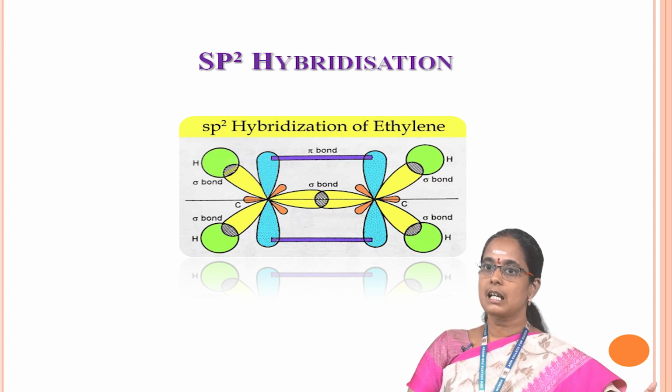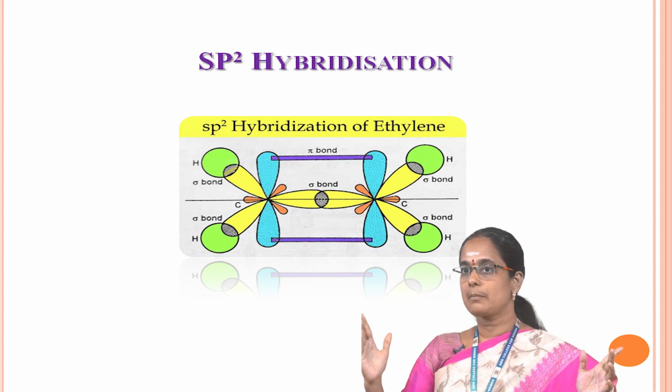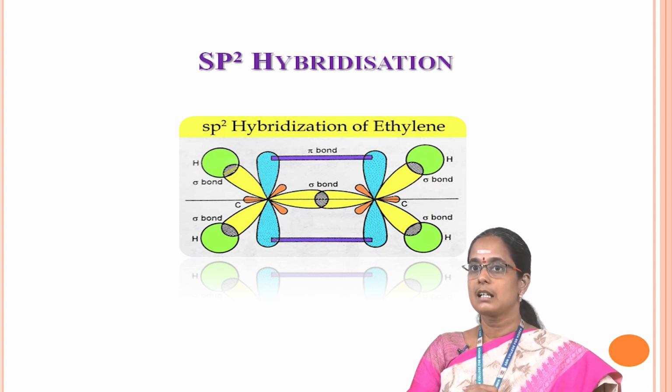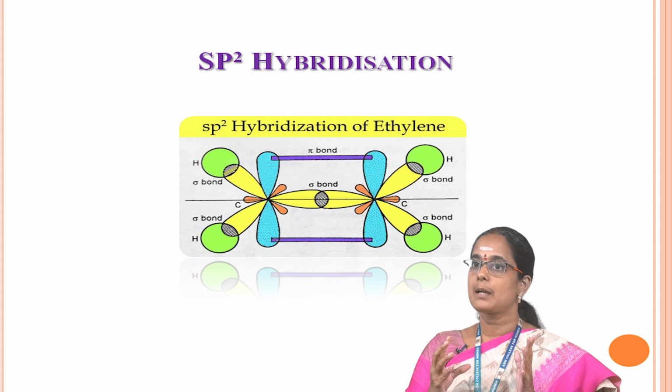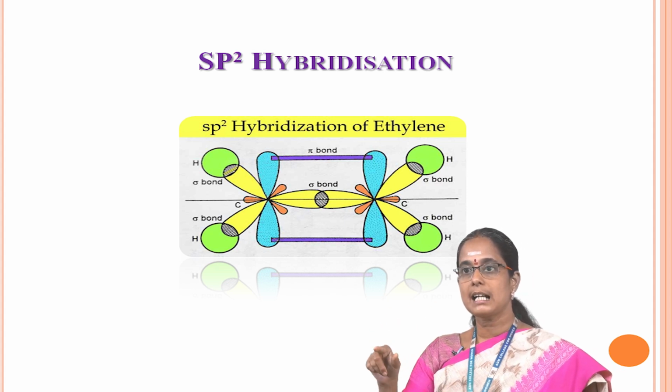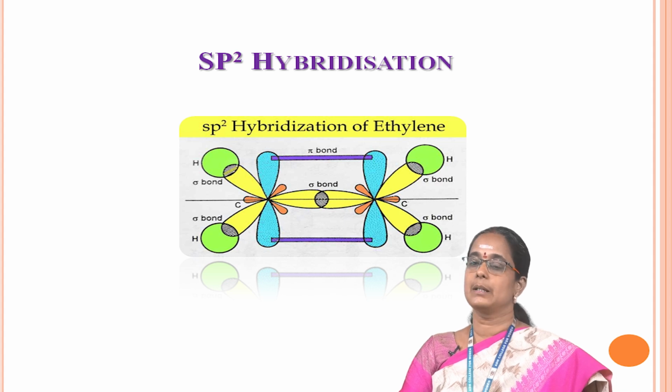One s orbital and 2 p orbitals mix and give 3 identical hybrid orbitals. This is known as sp2 hybridization. In sp2 hybridization, the bond angle is 120 degrees.